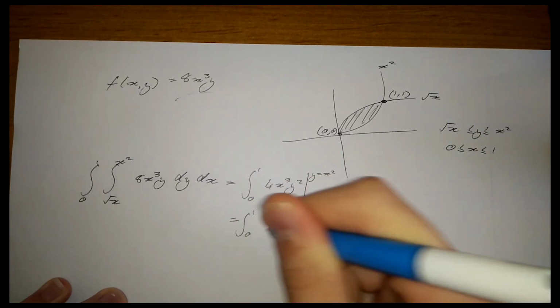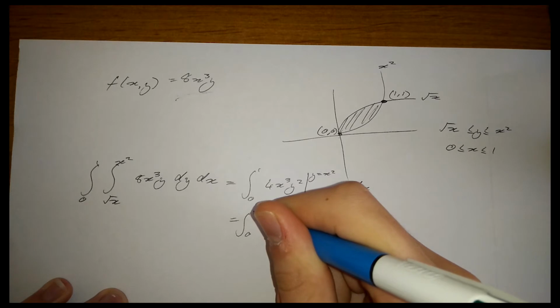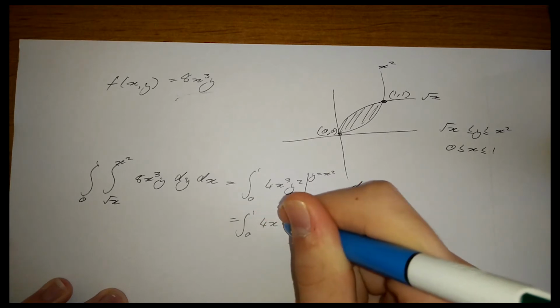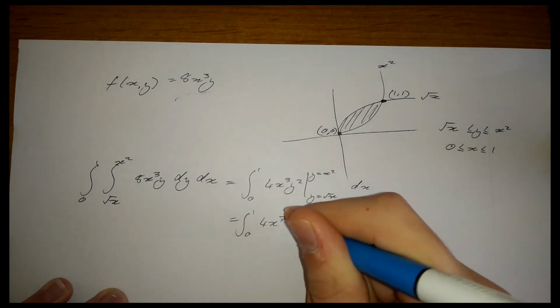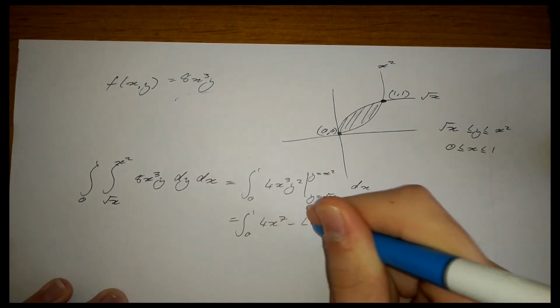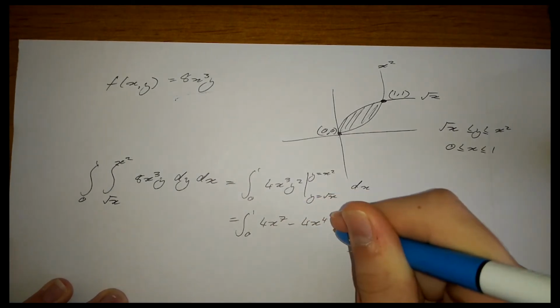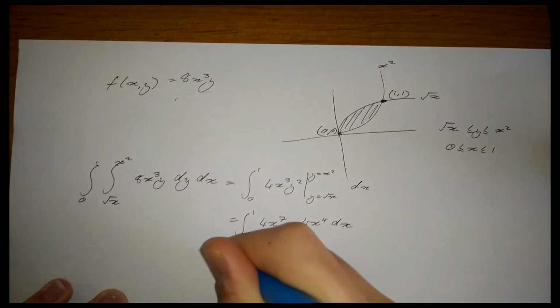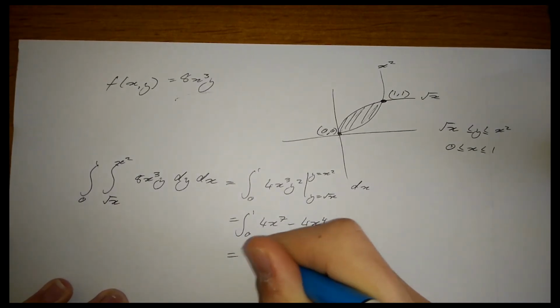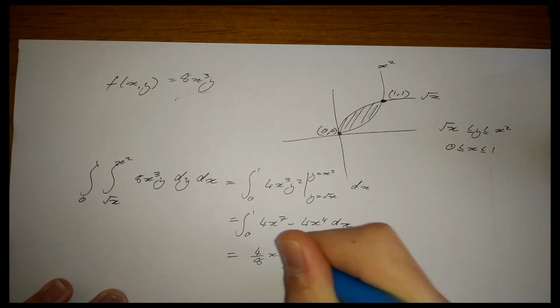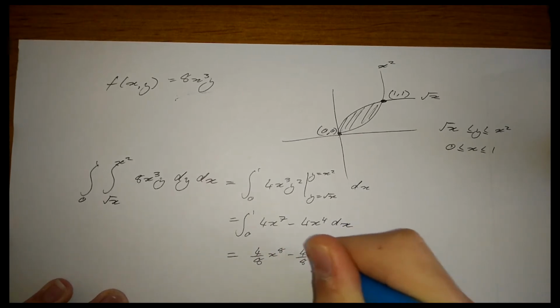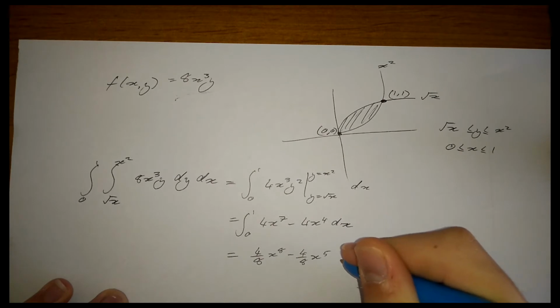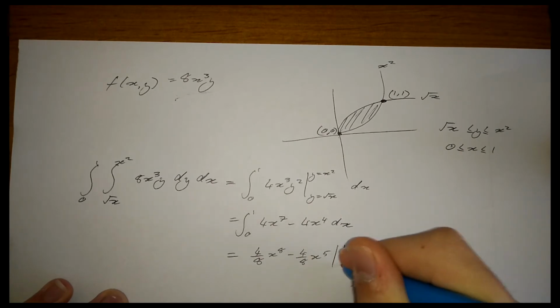So integral from 0 to 1 of 4x to the power of 7 minus 4x to the power of 4 dx. So that's 4 on 8 x to the 8 minus 4 on 5 x to the 5, evaluated from 1 to 0.